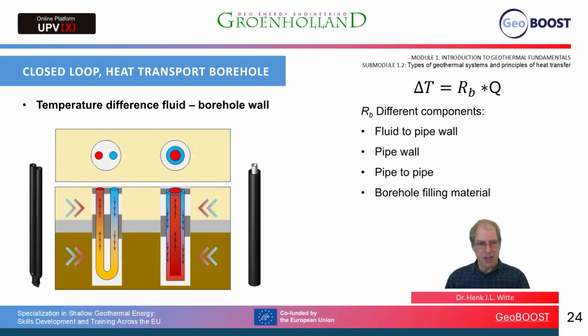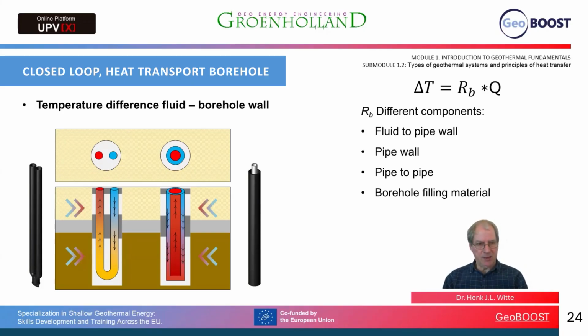For instance, we have a thermal resistance from the fluid to the pipe wall. There is a thermal resistance across the pipe wall. As you can see, the downflowing channel and upflowing channel are positioned not too far from each other. Typical for a U-loop heat exchanger would be something like 5 or 7 centimeters, maybe 10 centimeters.